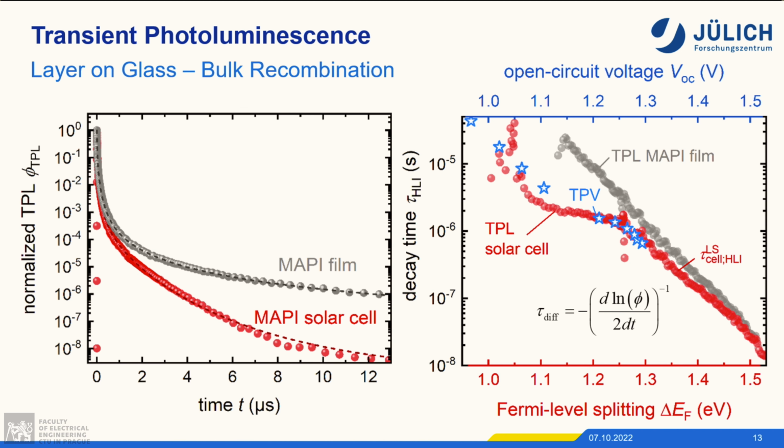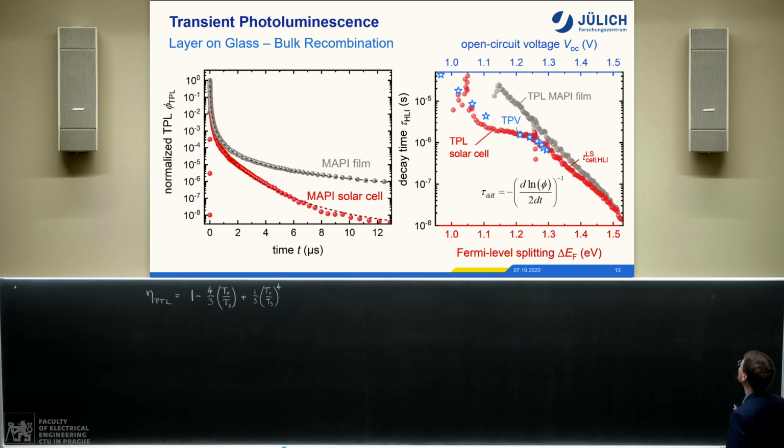Yeah, I use the word decay time to make sure this is a time that is derived directly from the experimentally observable data. And lifetime is now everything that is really interpreted, because I want to distinguish between the experiment and the interpretation of the experiment, because this is exactly where the problem starts, right?